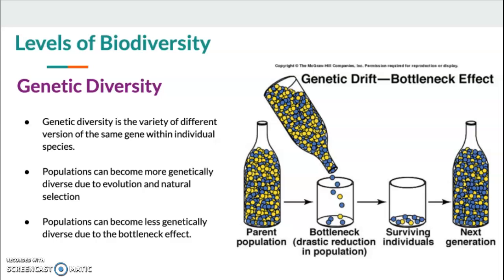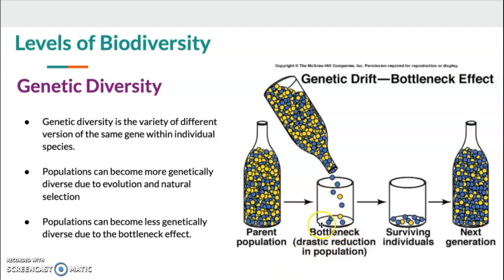So what happens with the bottleneck effect? There's some stressor that's causing a drastic reduction in our population size. So our parent population was pretty evenly distributed with our blue and our yellow genes. And then something caused that population to shrink.